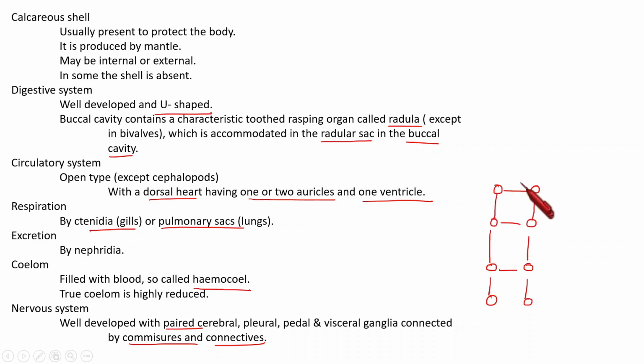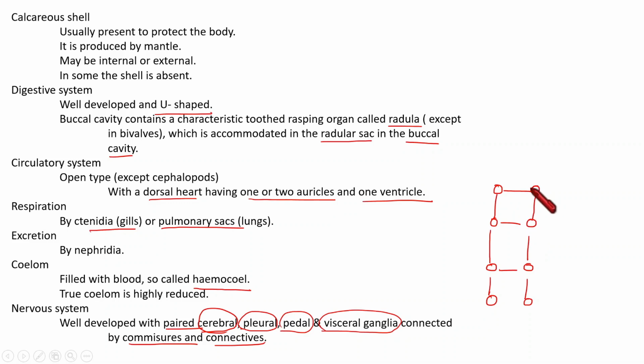And depending upon the location of the ganglia, we can name those ganglia: cerebral, that means somewhat near the anterior end. Pleural, also next to the cerebral ganglia. Pedal means foot, near the foot, and those ganglia near the visceral organs are called visceral ganglia. Anyhow, ganglia are paired and they are all connected. Why is that connection required here?